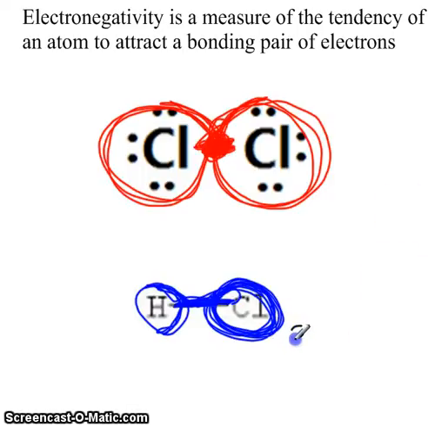That extra negative charge is symbolized with a lowercase Greek letter delta and a minus. So this side has a partial negative charge, because that atom has more electronegativity. And just like this is partial negative, the side with the hydrogen is partial positive.